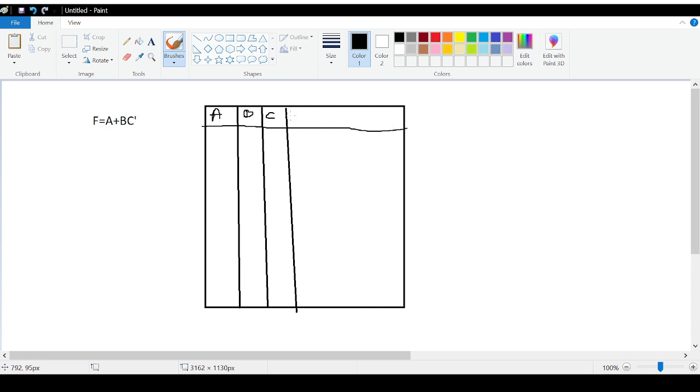And then I'll make a column for B into C bar. And then I'll have a column for F. So how many combinations will I have for ABC, for 3 variables?